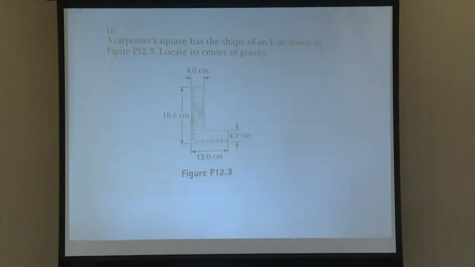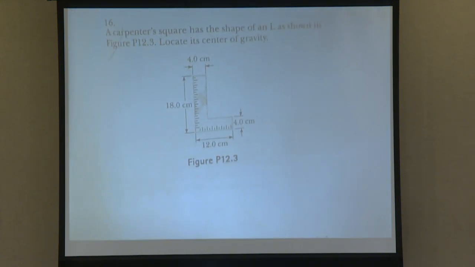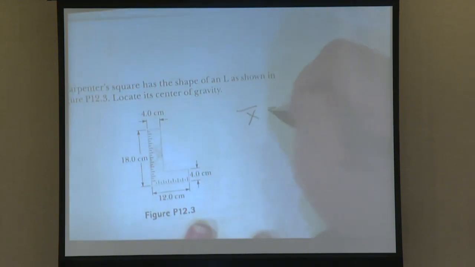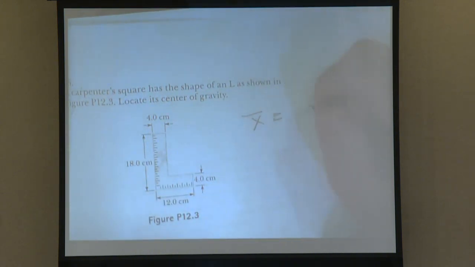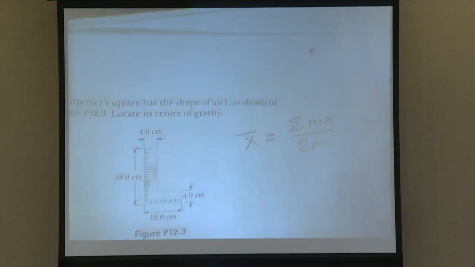Okay, so all we're doing here is locating our center of gravity. So hopefully you guys just went over it, but either way, our formula is going to be our center of gravity for x is equal to our delta mx over delta m, and the same thing for y.